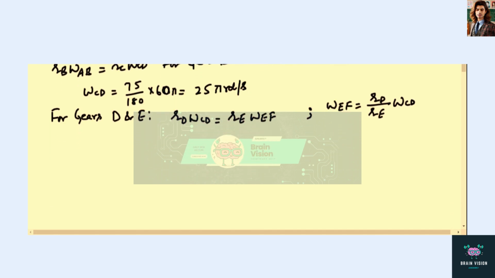Substituting the values, R_D is given 75, radius of E is given 180, and angular velocity of CD shaft is 25 pi radian per second.